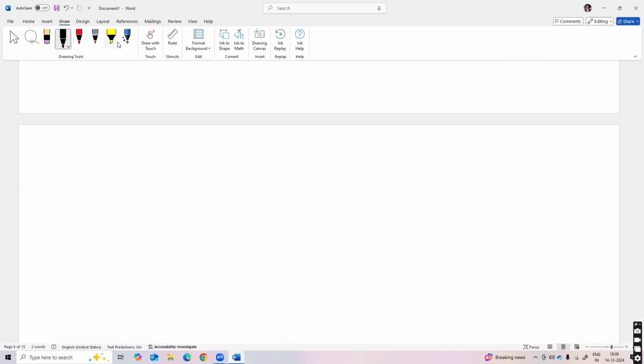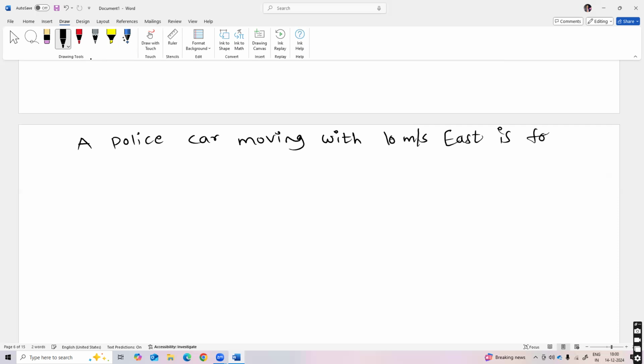A police car moving with 10 meter per second east is following a thief car which is moving at 5 meter per second.